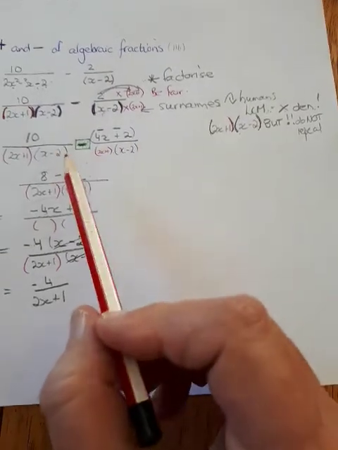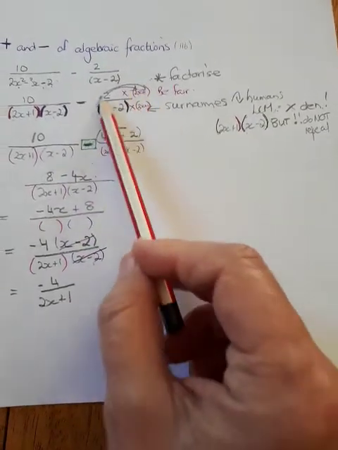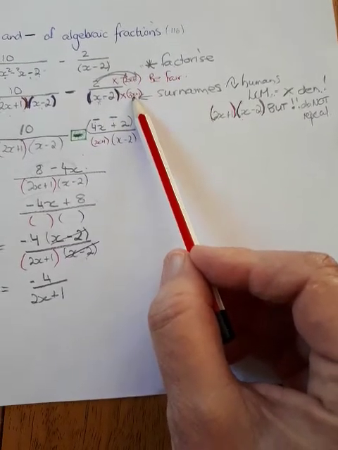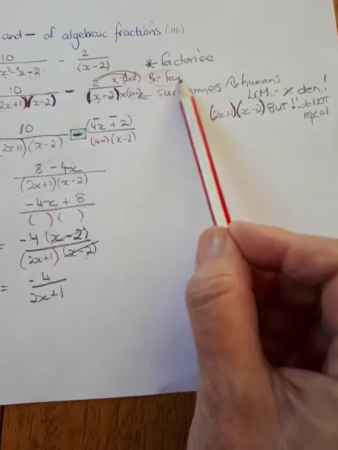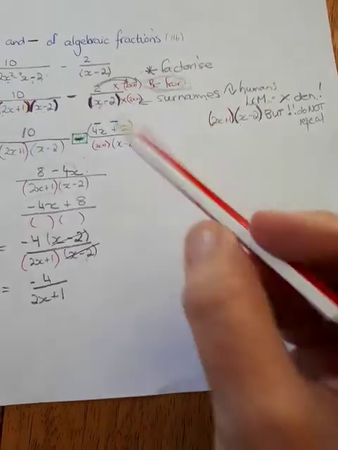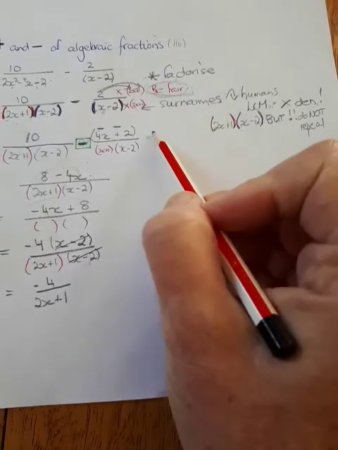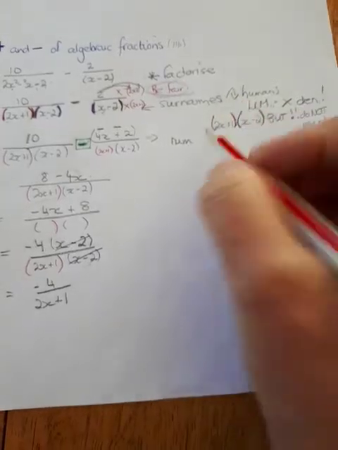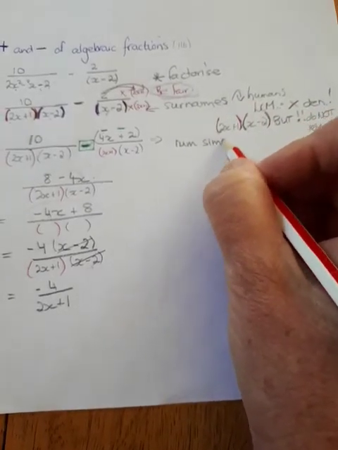Which in this case then gives me only the second fraction which I need to change. I need to multiply here by the 2x plus 1. Then remember the rule of being fair. Thereafter, we simplify, or we collect like terms in the numerator. Simplify your numerator.